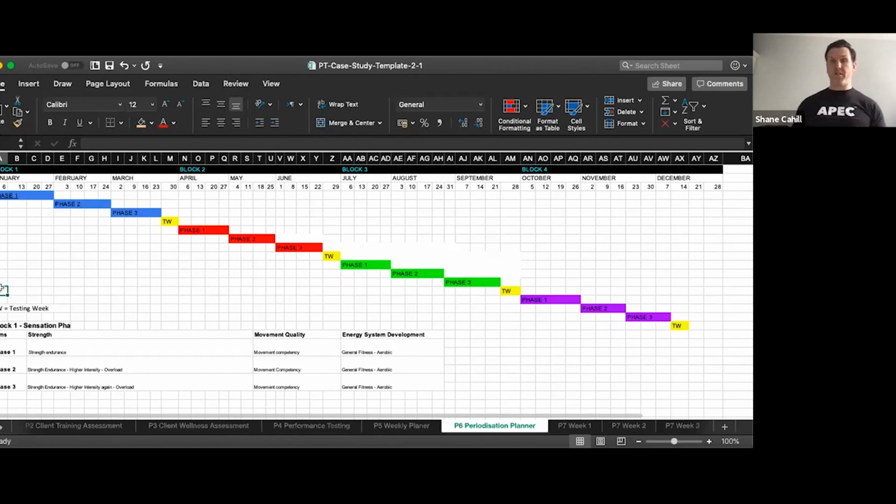The first phase, block 1, block 2, block 3, is the first phase of training, and that signifies your sensation phase. Blocks 4, 5, and 6 are where you will put in your tolerance phase, and blocks 7, 8, 9 are where you will put in your realization phase.